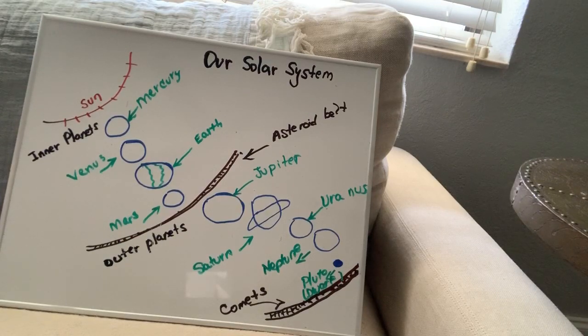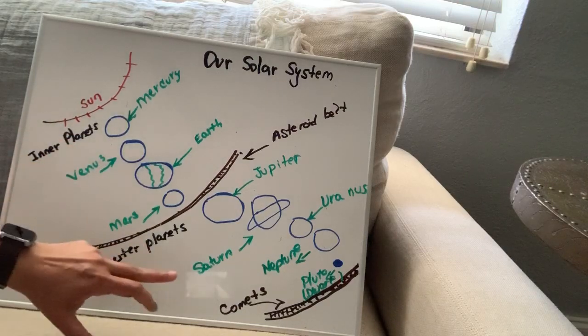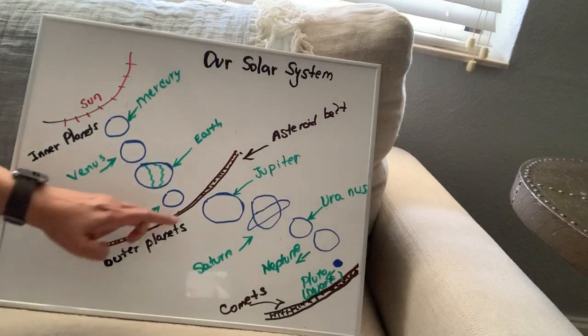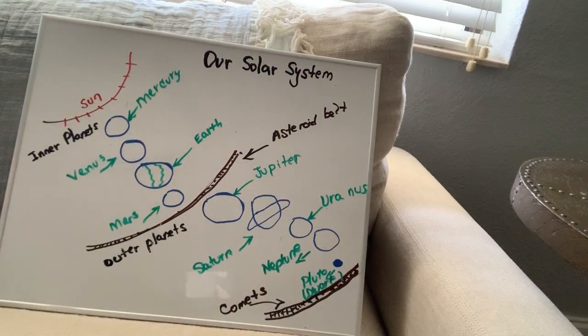One way the planets can be grouped together is by their arrangement or their composition relative to the sun. And these are your inner planets, those are your outer planets. But you also have what we call the asteroid belt right here. See that? That's your asteroid belt.